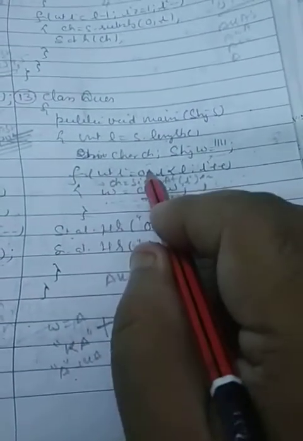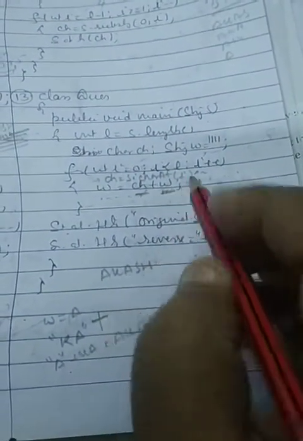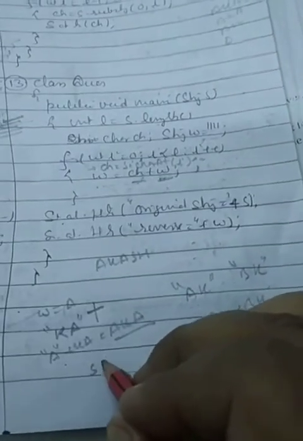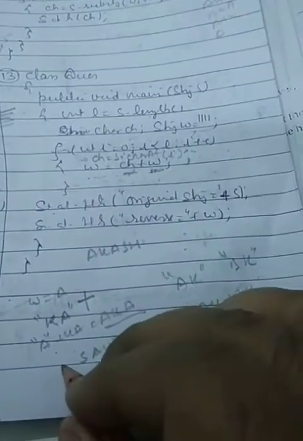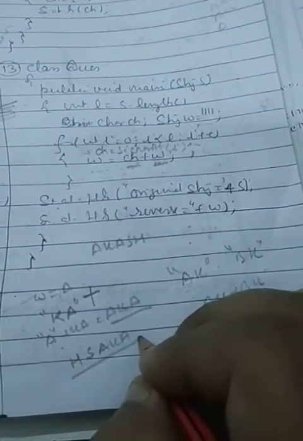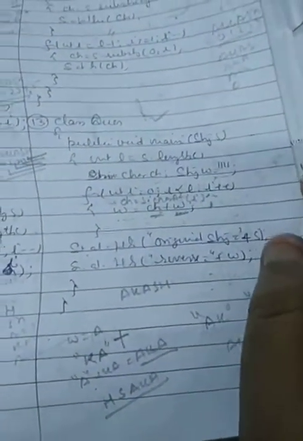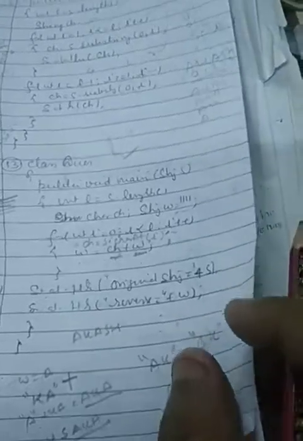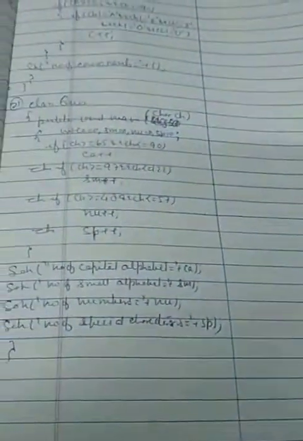Then again the next character is S. S will be added to the previous value of W. The previous value of W is AKA. S is added from left hand side, SAKA, and the last character is H, and H will be added from left hand side. So this is going to make this word reverse. This is a very important question, reversing a string, a word which is given to you, and you have to reverse that word, right?